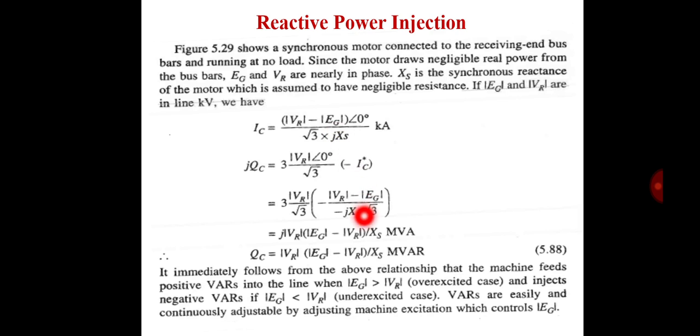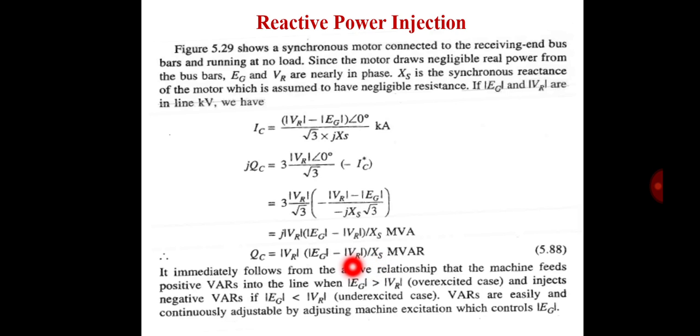Putting the value of IC, the equation becomes jVR(EG minus VR) divided by XS MVA. So QC is equal to VR(EG minus VR) divided by XS MVAR.